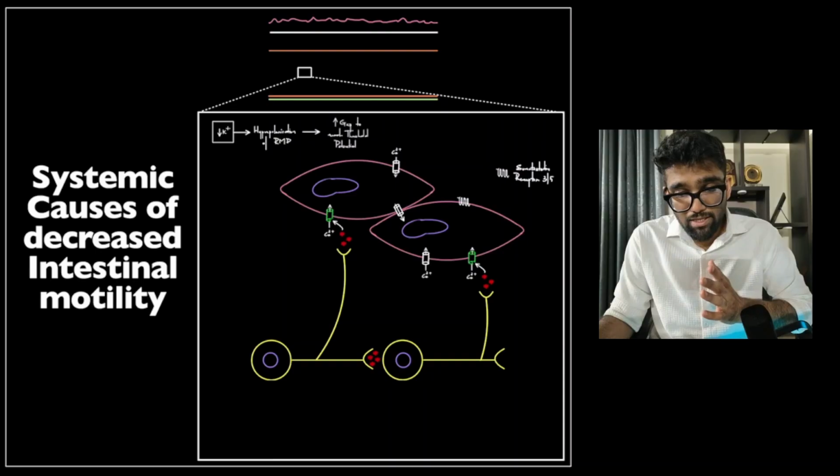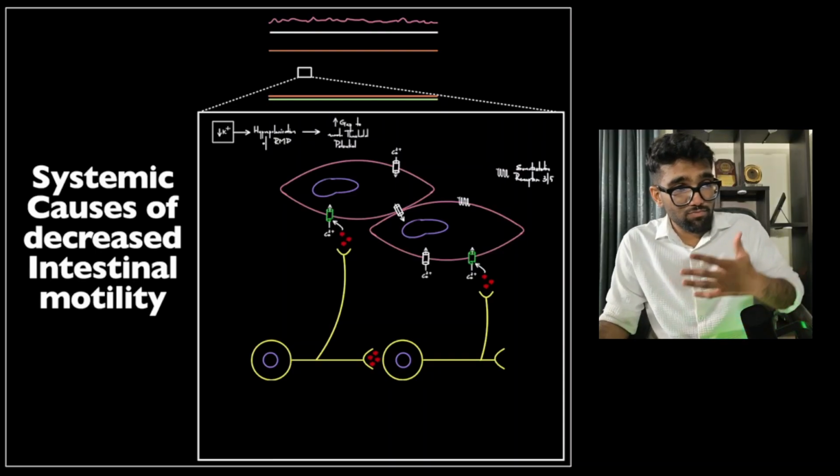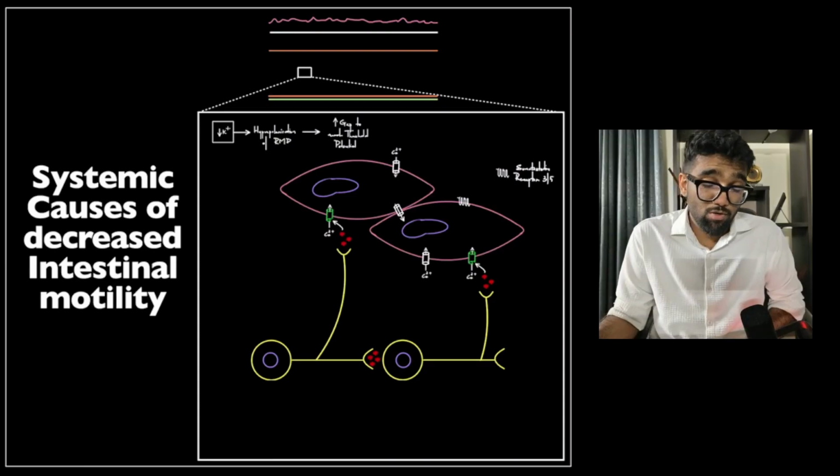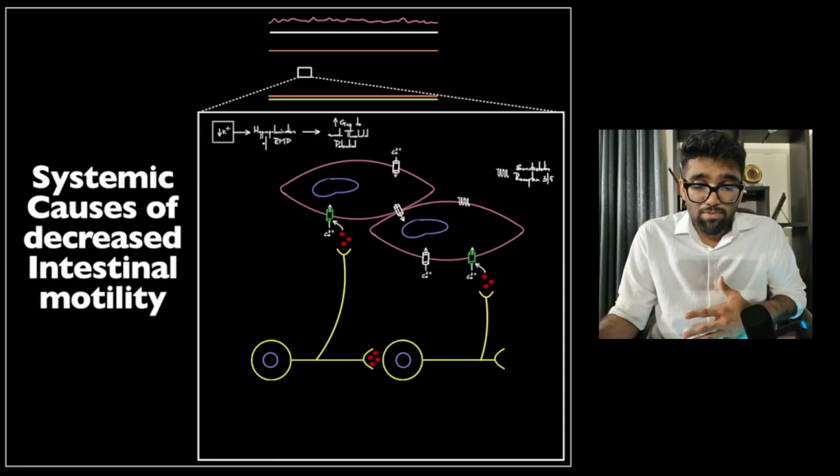So anyway, when you develop a decreased potassium concentration extracellularly, at that point the resting membrane potential becomes hyperpolarized. That means it becomes more negative.